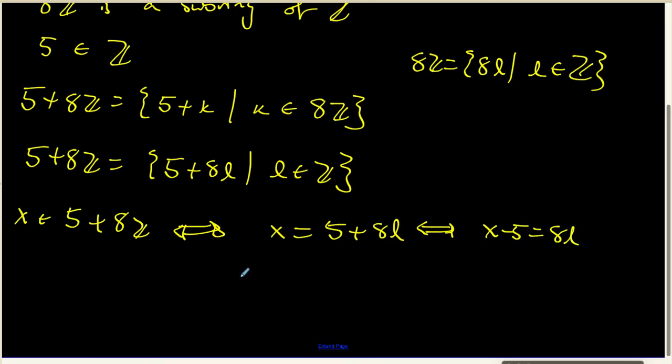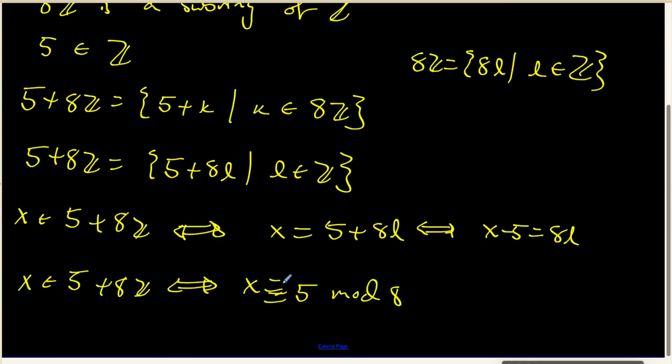In other words, x is in 5 plus 8Z if and only if x is congruent to 5 mod 8. So the things in this particular coset are everything that is congruent to 5 mod 8.